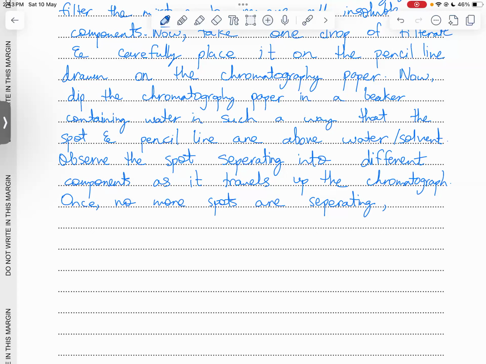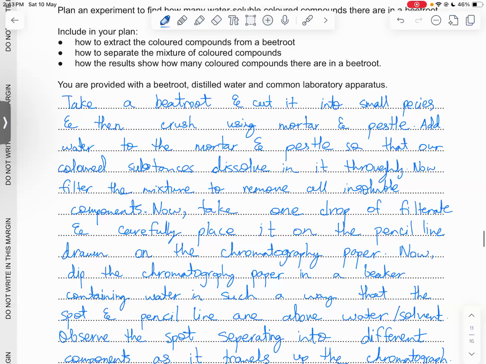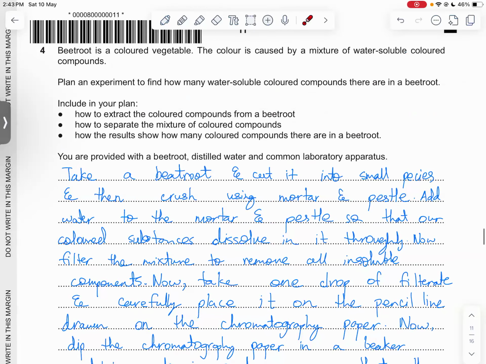Once no more spots are separating, what do we do? We basically count the number of spots, right? Count the number of spots or colors separated. Full stop. And in the question, they had asked the main goal. The main goal was you wanted to check out how many water soluble colored compounds there were.